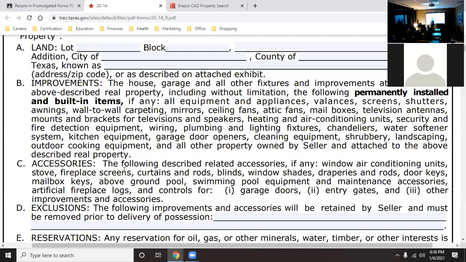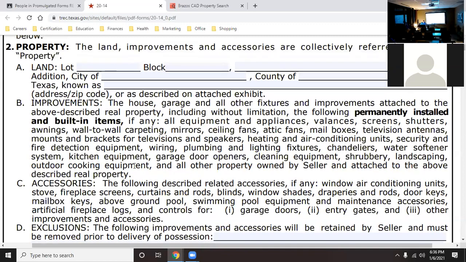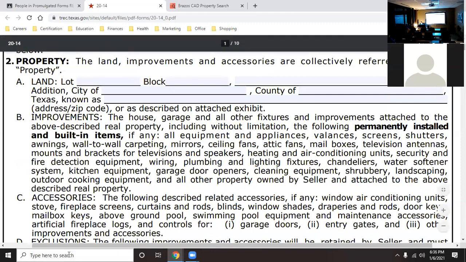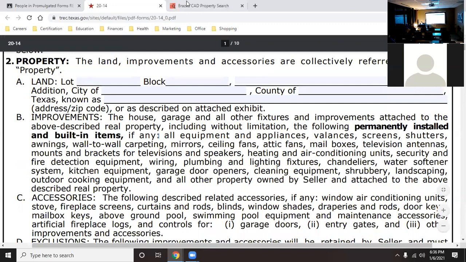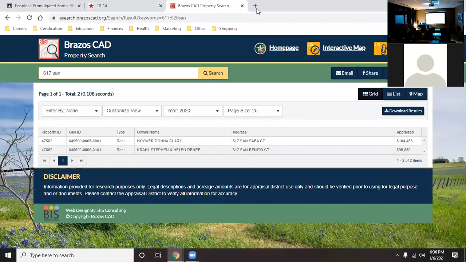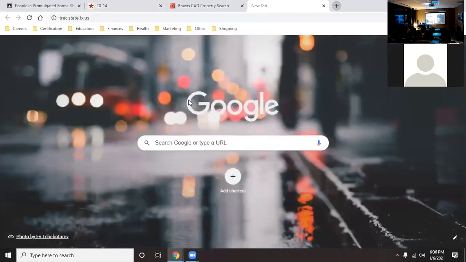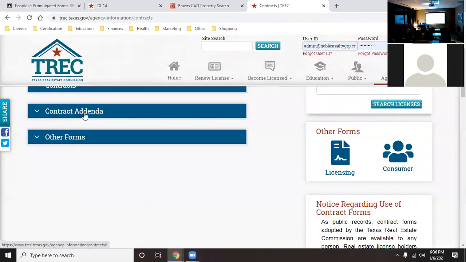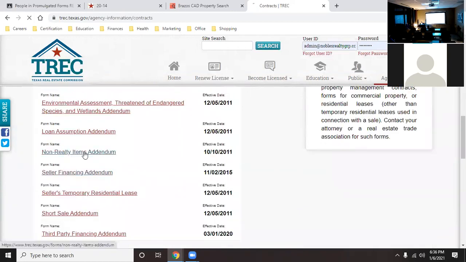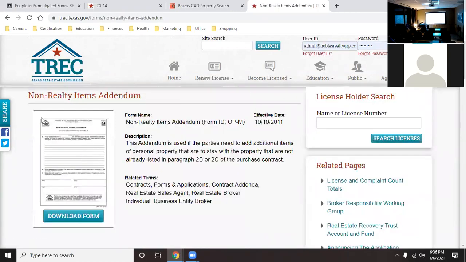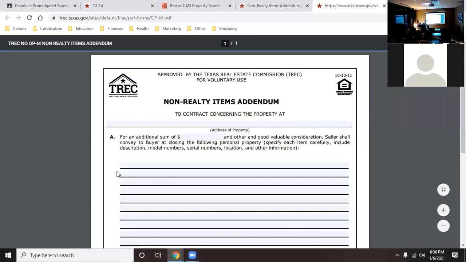So if there's something in particular that you want, Miss Linda, you're going to complete this form right here.